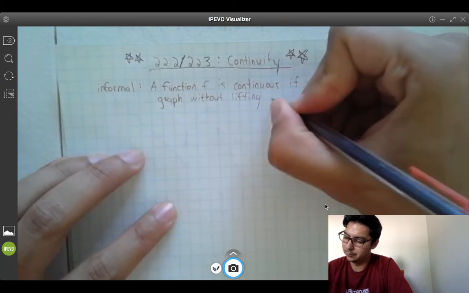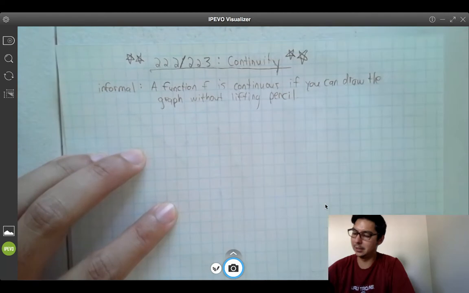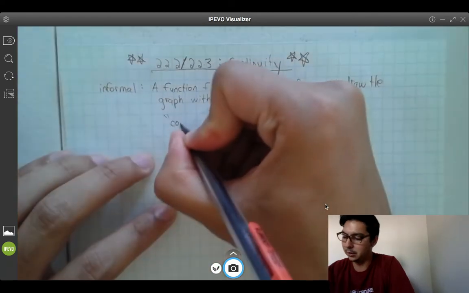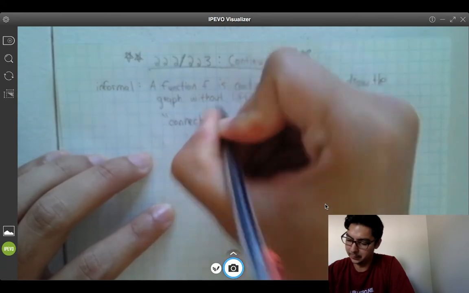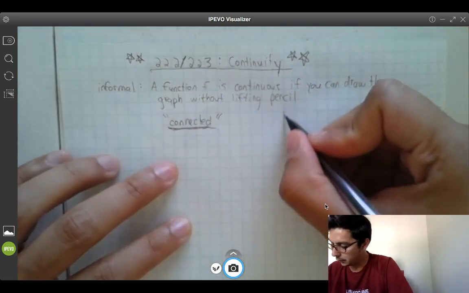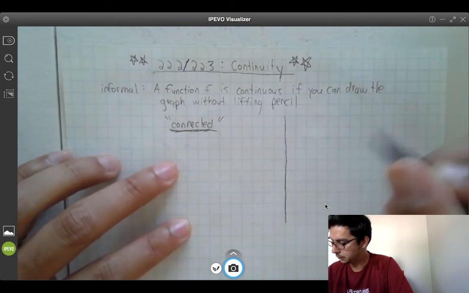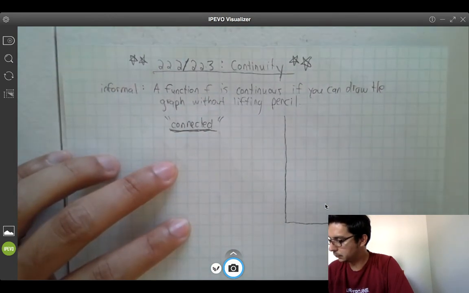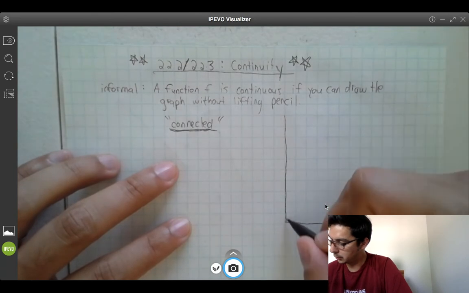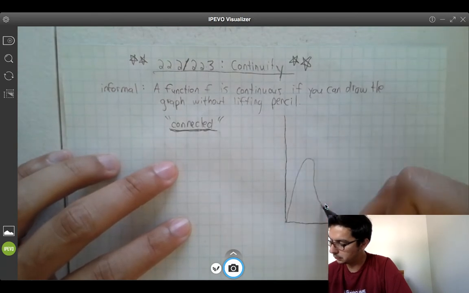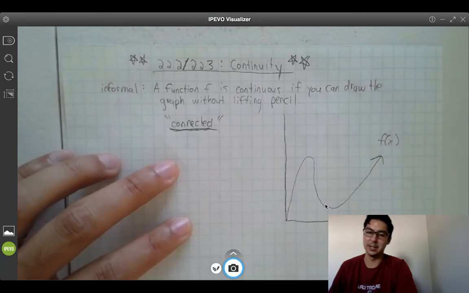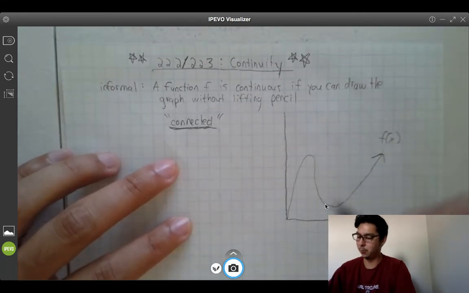And that was kind of our informal definition of continuous. We also use the word connected. Connected being kind of a nice word. So if I make a graph here, and the graph looked something like this, this is continuous because it's connected, no matter what interval you look at.